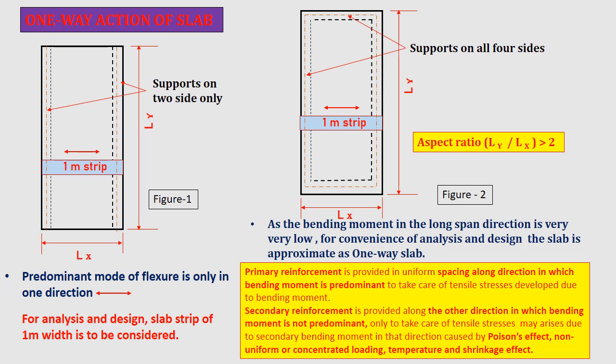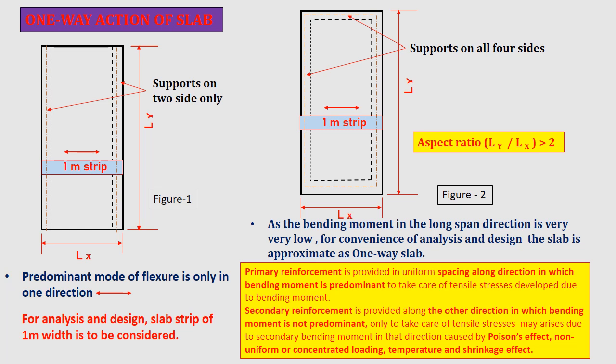So finally, we can say that primary reinforcement is to be provided at uniform spacing along the direction in which bending moment is predominant to take care of tensile stresses which develop due to the bending moment.